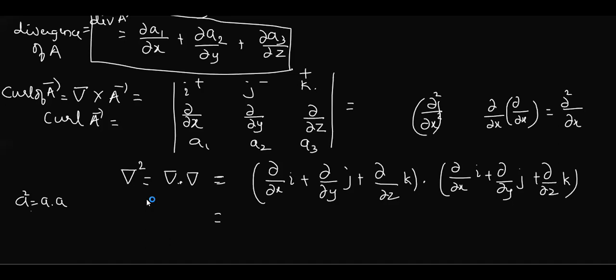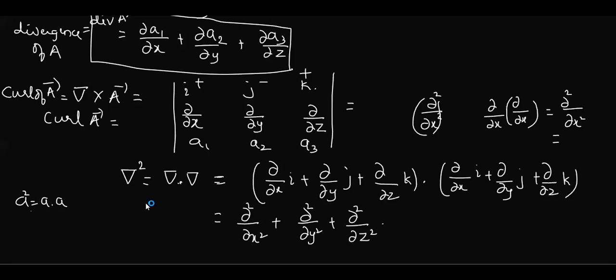So this theory is applicable here. We should not write dou by dou x the whole square. So it is dou square by dou x square plus dou square by dou y square plus dou square by dou z square.